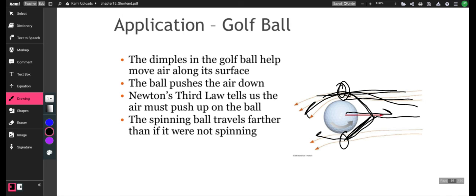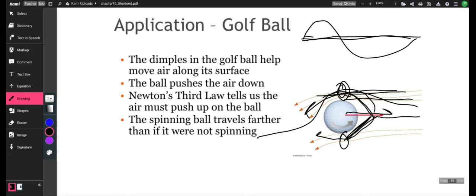So you could see here, we've talked about this in early physics. That's displacement, that's distance. The air that has to go in a straight line is going to travel less distance than the air that has to go up and over the ball to get back into its stream. And so that air that has to go up and over has to pick up its speed, creating a low pressure.